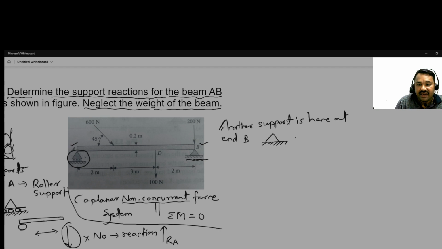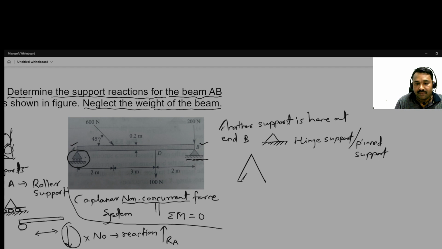It is hinge support, and we can also say pinned support. And it may be like that. Suppose we have seen in a problem like this.